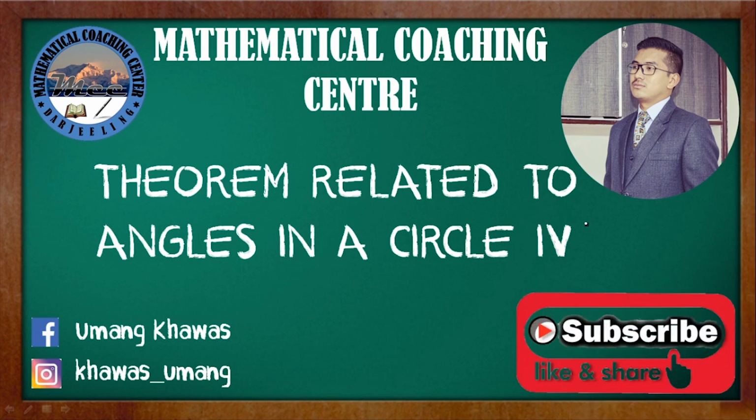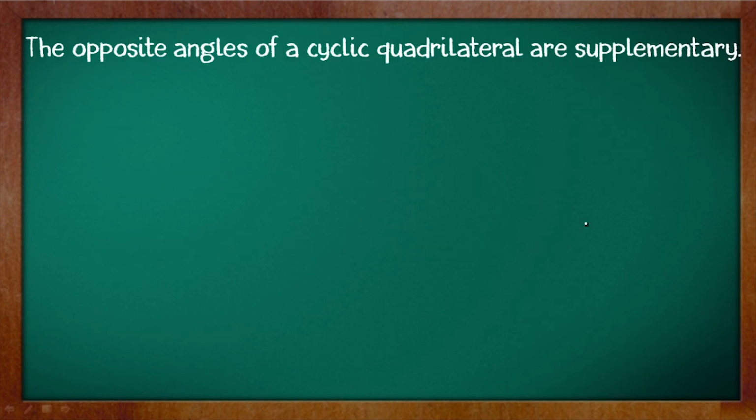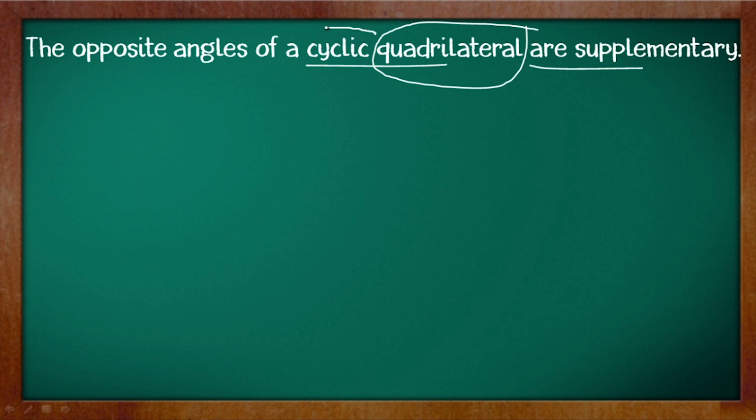So without any further ado, let's begin and see the statement of the theorem. The statement of the theorem states that the opposite angles of a cyclic quadrilateral are supplementary. Here we have the term quadrilateral. A quadrilateral is any figure which has four sides, and a cyclic quadrilateral means a quadrilateral whose vertices lie on the circle.